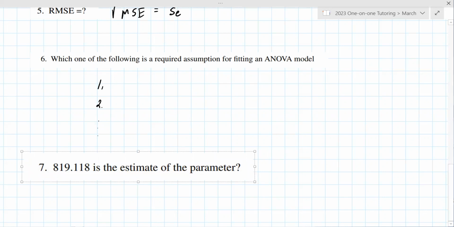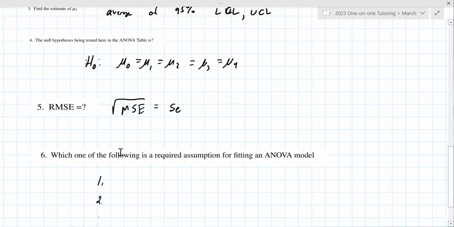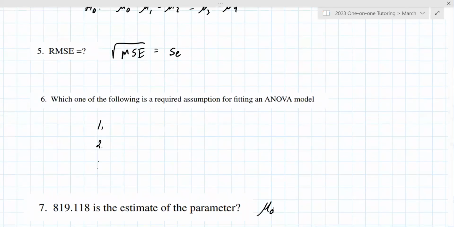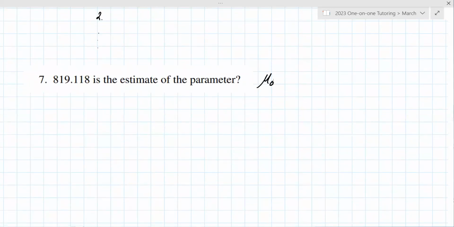Okay, wait. 7. I have the answer as mu naught. Yeah, if you go back and look into the table, it's right there in the table. Oh, okay. Perfect. 8, the error degrees of freedom, that would be 80.